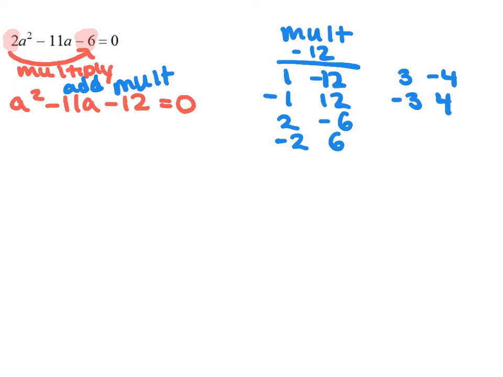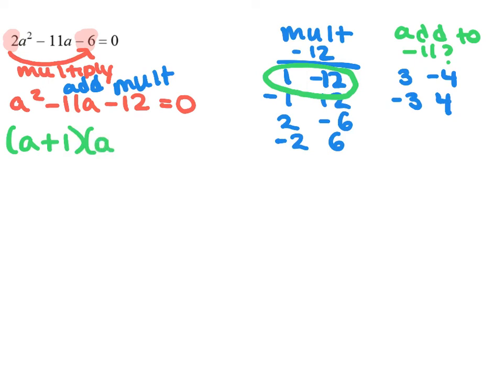Now the only set of these numbers that would add to give us negative 11 would be the 1 and negative 12. So the factors will become a plus 1 times a minus 12 equals 0.